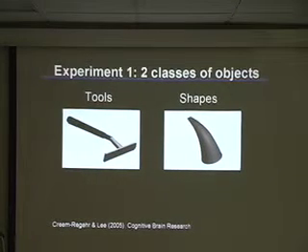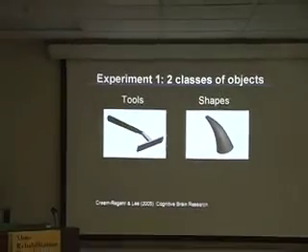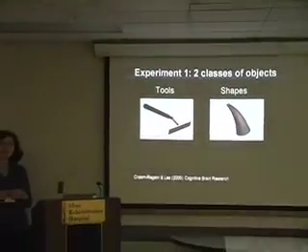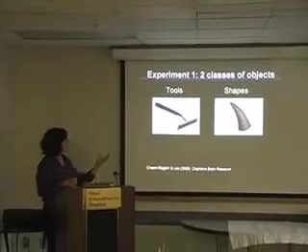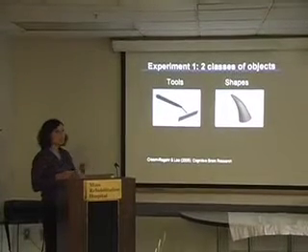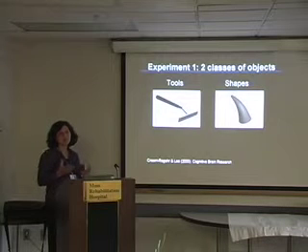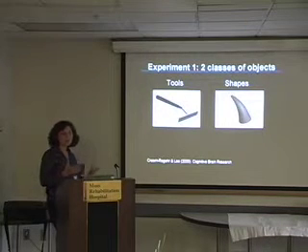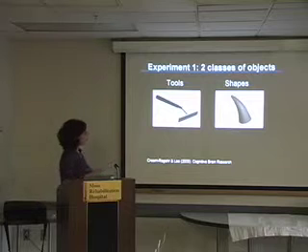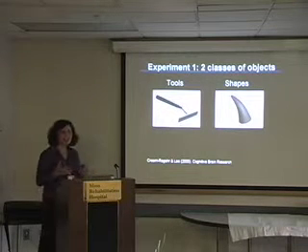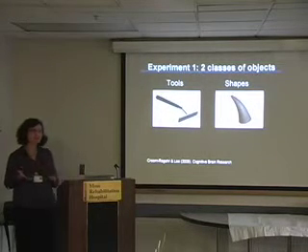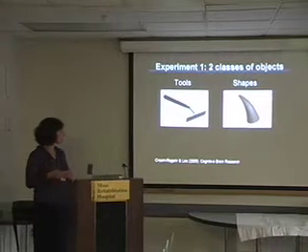One group was tools, which were all defined as familiar objects with handles. And the other category we called shapes, which were based on just these basic geons, which appeared to be graspable as presented here, but didn't have a specific identifiable function.